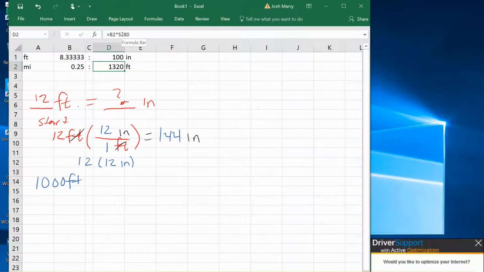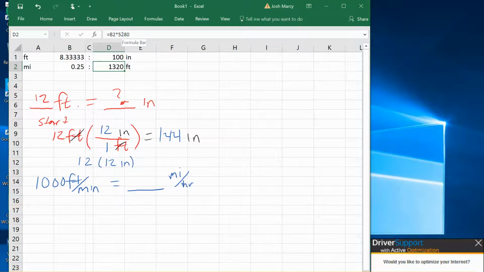So 1,000 feet per minute. I could not do that steadily for 30 minutes, but I want to know how fast am I running then in miles per hour.